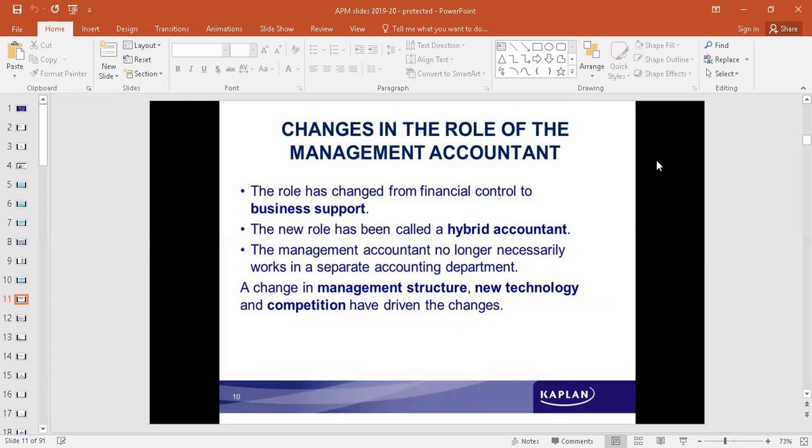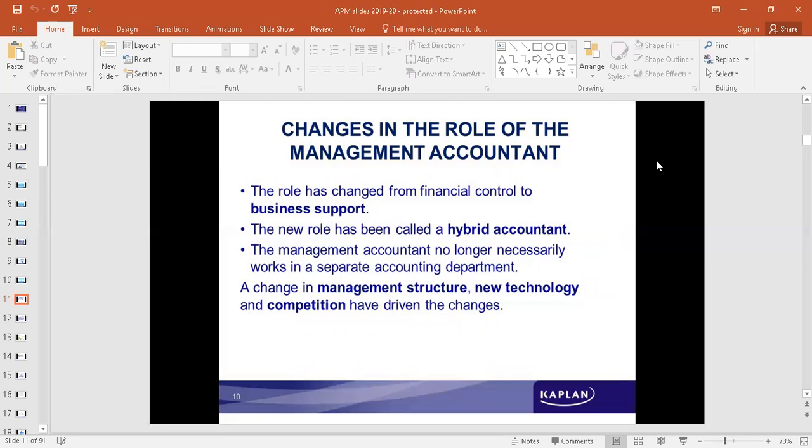See, this is a simple topic. What are the changes that have taken place in the role of management accountants? Generally, this is a very small topic, but since you will be answering a case study pattern of examination, almost in every question, more or less the role, the designation that is assigned to you is that you are either a management accountant, performance management expert, or some advisor to the CEO, some role which you have to assume given the question.